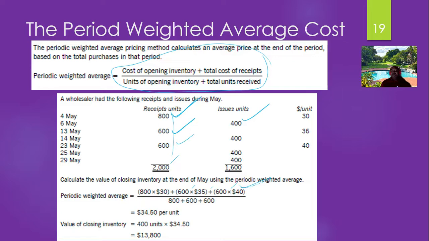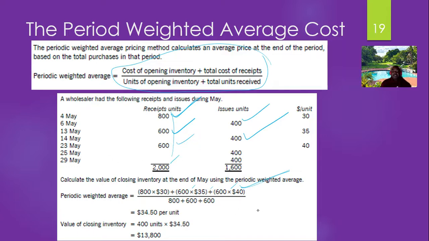They become 1000, and then we deducted 400, we are left with 600. We add 600 there, that's 1,200. We deduct the 400.